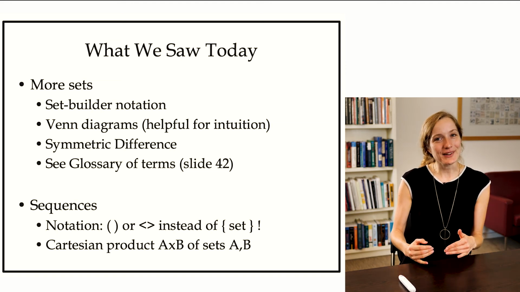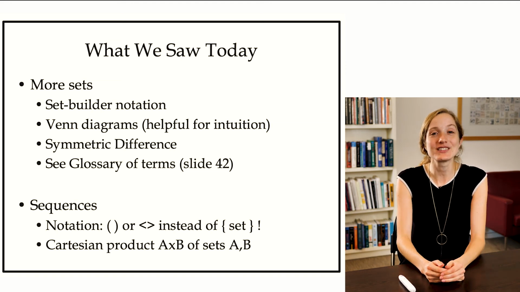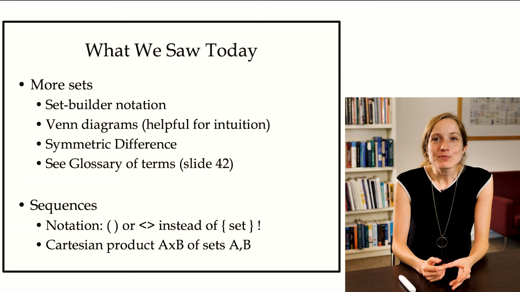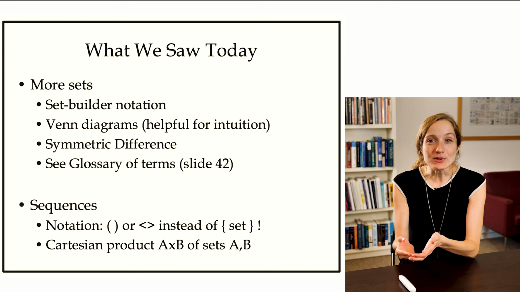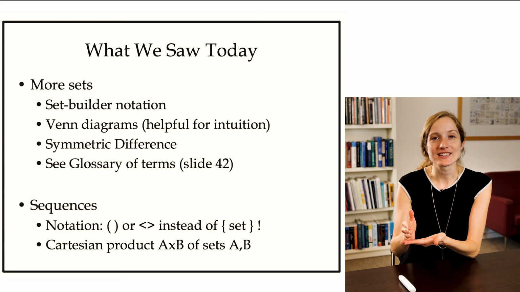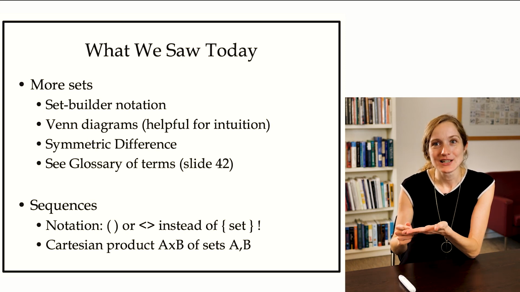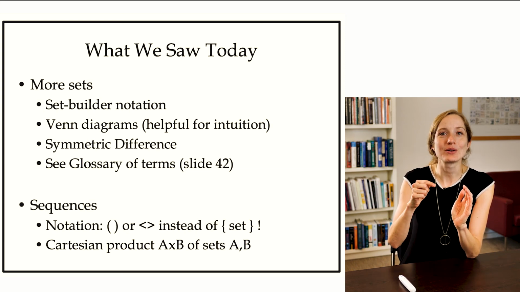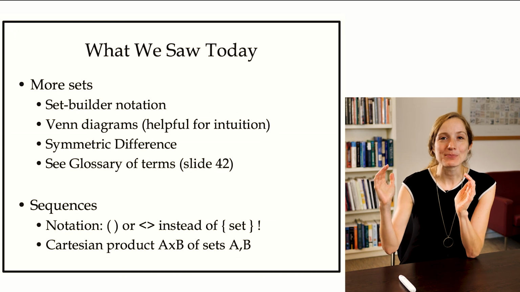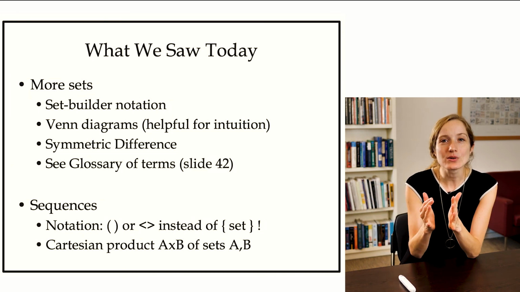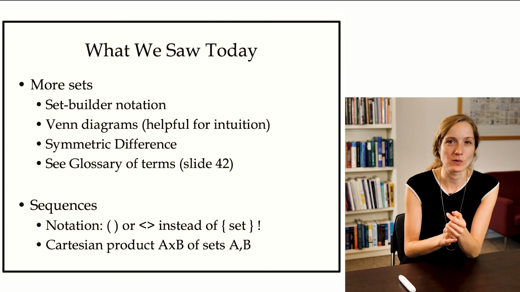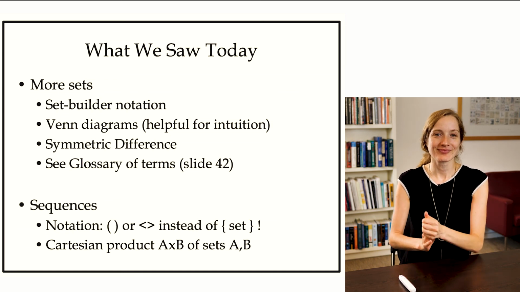Then we had one unit just now about sequences. Here the big difference between sets and sequences is that for sequences, the order matters and you can have repetitions. So for example, I can have 1, 1, 1, 2, 1, and that's a perfectly good sequence. Versus if this were a set, I would lose the order and I'd lose the fact that you have multiple copies of 1.